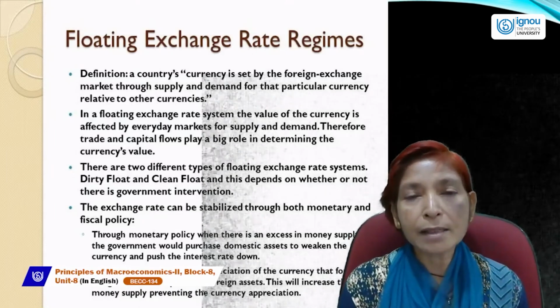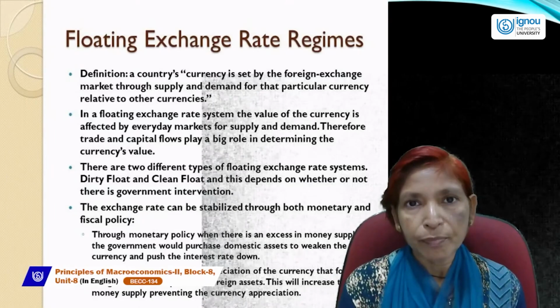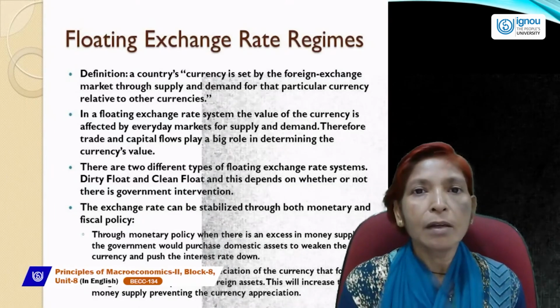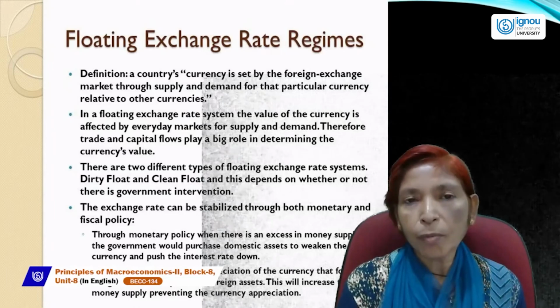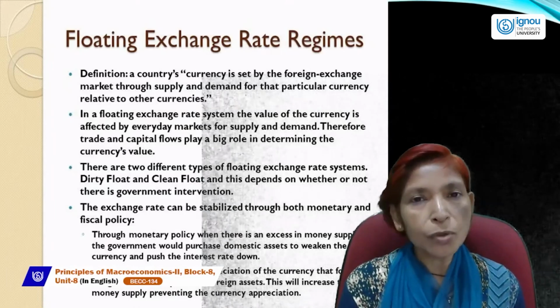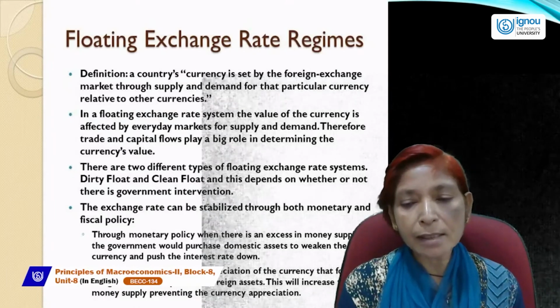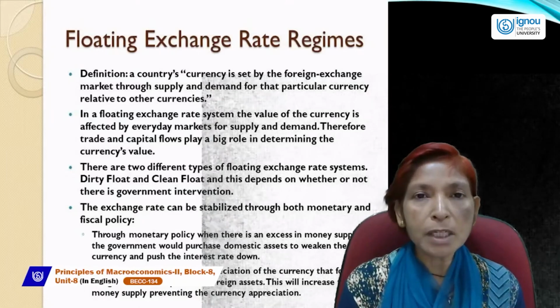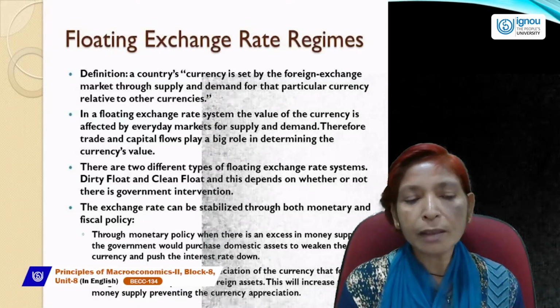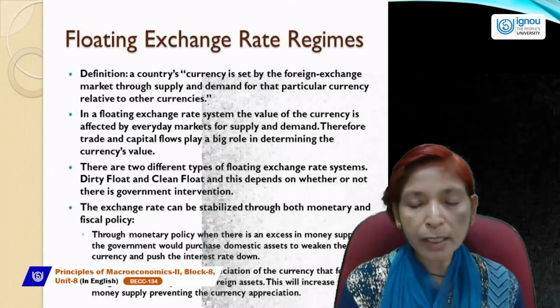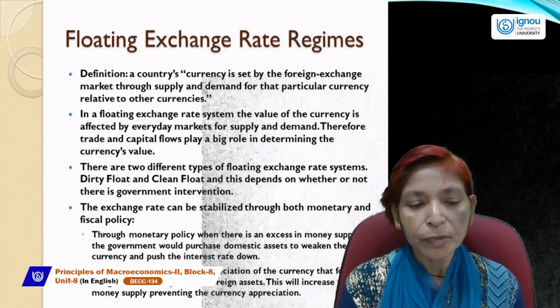Because when there is an excess supply of money, the rate of interest falls. So if we use monetary policy when there is an excess in money supply, the government would purchase domestic assets to weaken the currency and push the interest rate down.